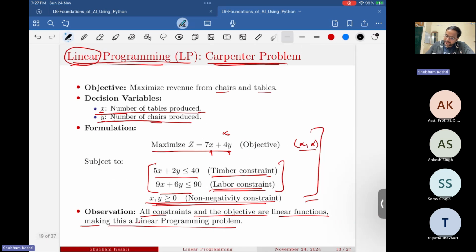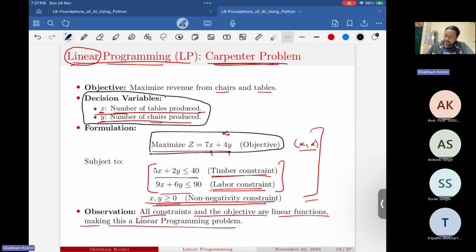Over here what we did is we tried to identify the decision variable. What is the decision variable? Then we try to identify what is the objective, and then we try to identify what are the constraints. So these are the steps to formulate a problem. Before going into formulation, you have to follow these steps.